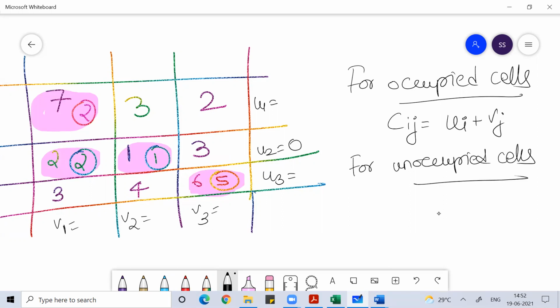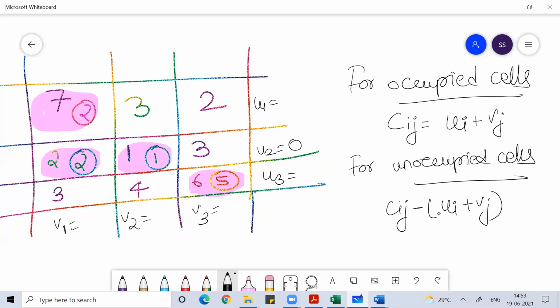While for the unoccupied cells, we use the formula Cij minus (Ui plus Vj). So this is how we need to do it.